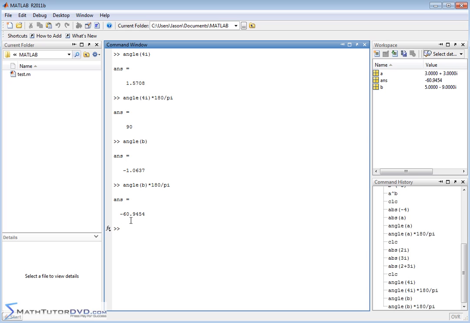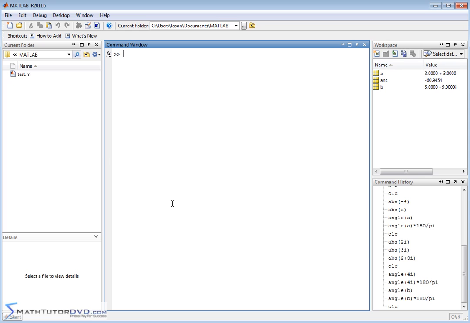So it's almost negative 61 degrees would be the angle where that complex number lies. All of this stuff is taught to you when you start learning about complex numbers. I'm just going through some real calculations so you can get familiar with how you deal with it in MATLAB.